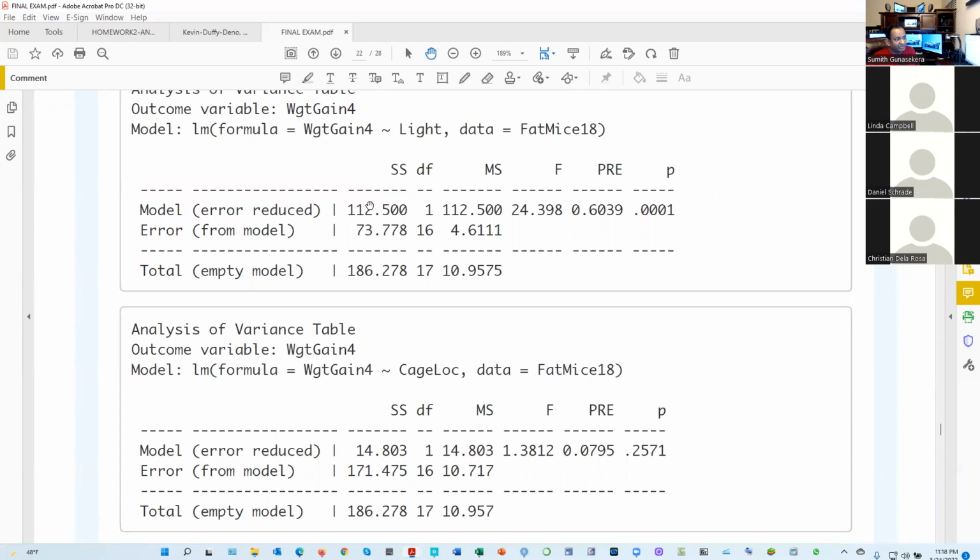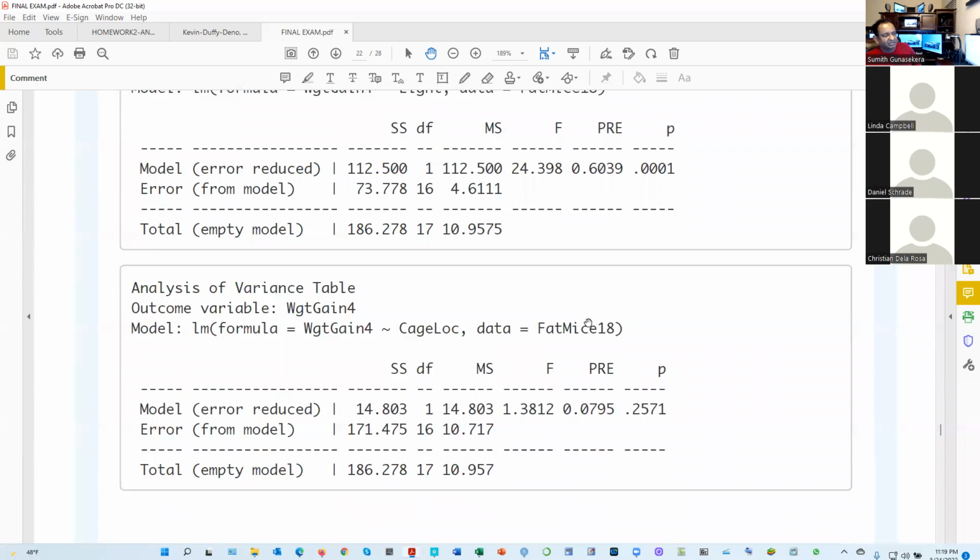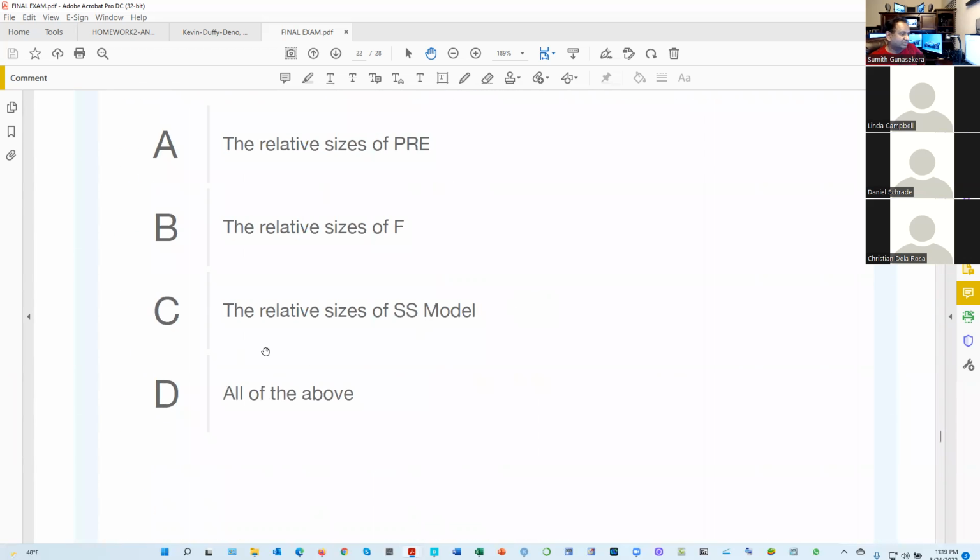So you know how to compare this to that with PRE. The higher one would be the better PRE, the higher one would be better in terms of F, and in terms of sum of squares regression, the higher one would be better. That kind of comparison is built up with the aid of all these.